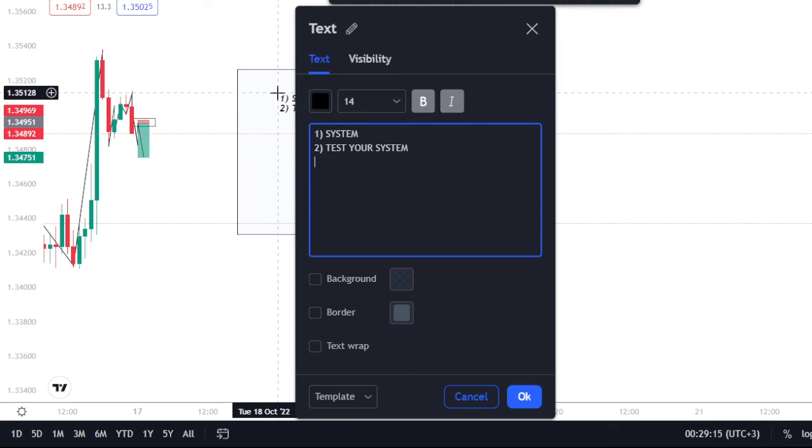After testing your system, you have what you call trading journals. What are trading journals? Journals are just a reference of the trades that you're doing. You can even use some application that I'll provide the link to below, where you can snap and write everything. After writing the journal, maybe after 1 month, go back and revise everything.